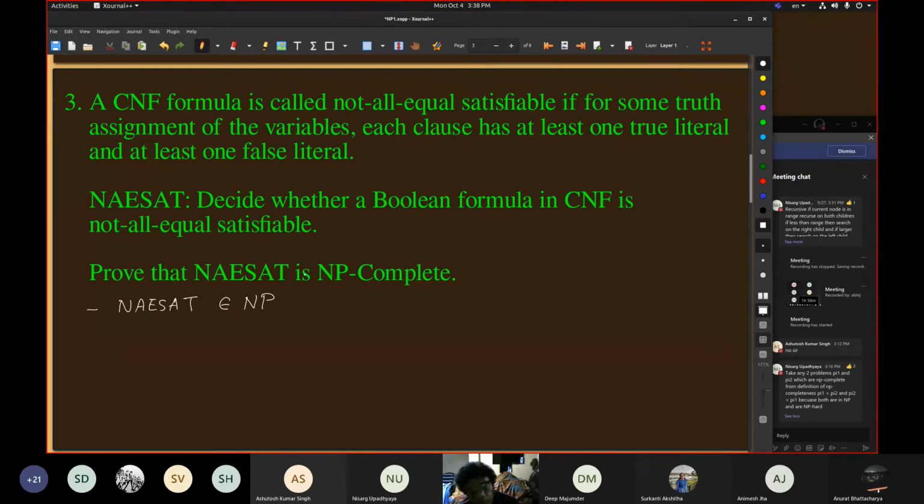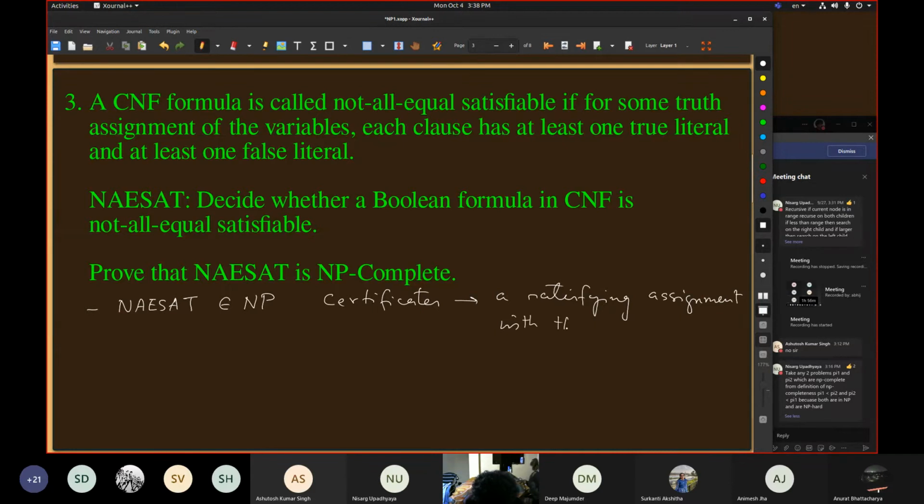That is a satisfying truth assignment for which this extra condition is satisfied. So the certificates are easy: a satisfying assignment with the stated property.